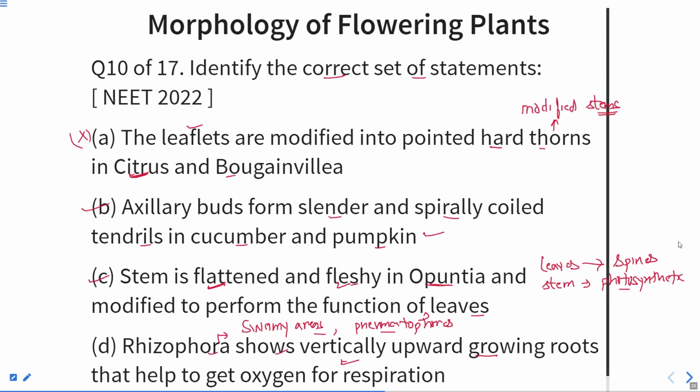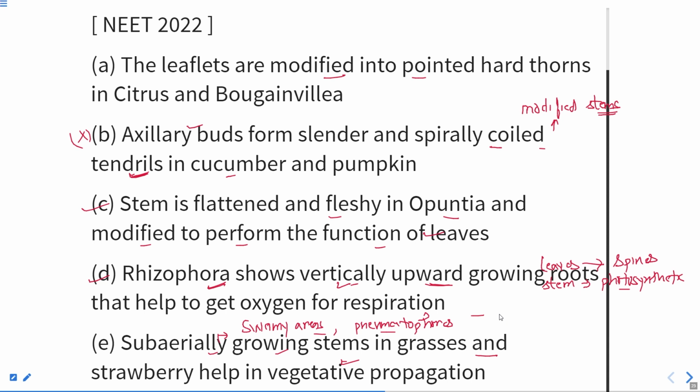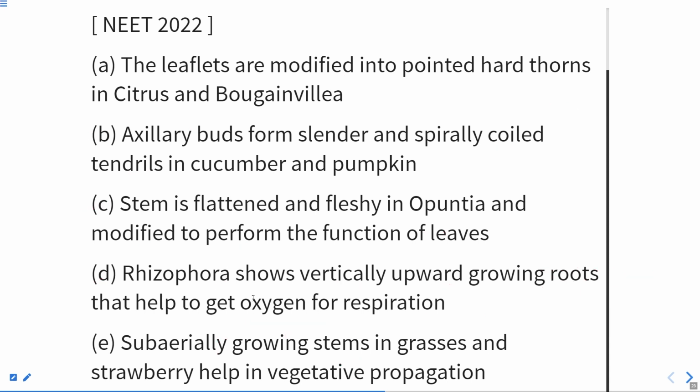Now coming to the last option, subaerially growing stems in grasses and strawberry help in vegetative reproduction. So this is also true. Vegetative propagation is a kind of asexual reproduction where plant parts such as leaves can give rise to an entire plant.